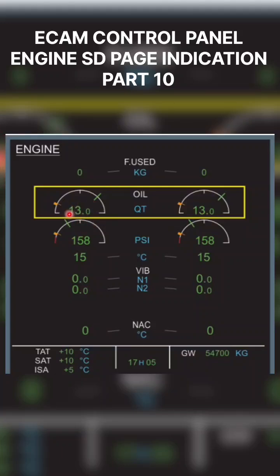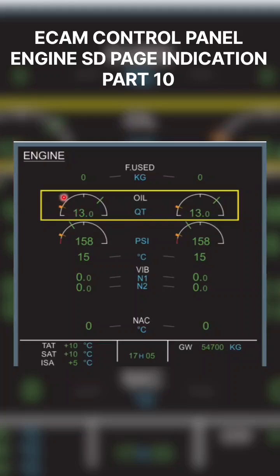It will be pulsing green whenever the quantity drops below the low oil level threshold, indicated by the amber mark. An amber cross will come in case of invalid oil quantity. The needle and amber limit mark are removed, and the digital value is replaced by amber crosses.